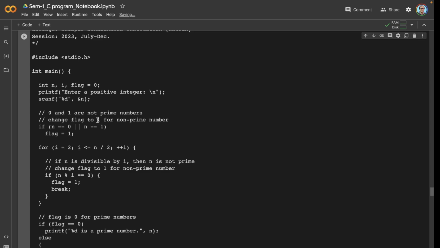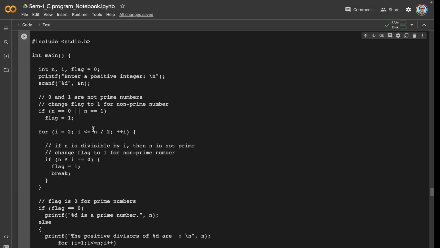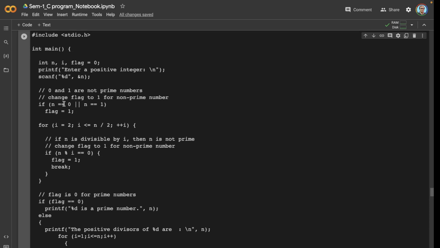Change flag to 1 for non-prime and 0 for prime. So if n equals 0 or n equals 1, then flag equals 1, because 1 and 0 are non-prime numbers. Then flag equals 1, so flag equal to 1 means non-prime.